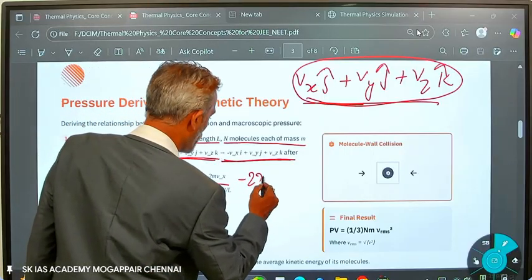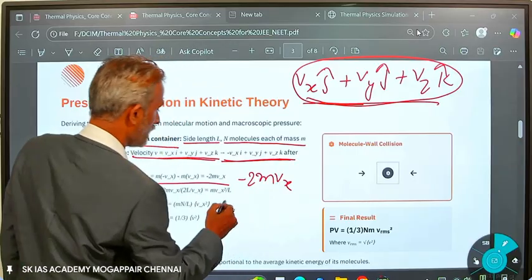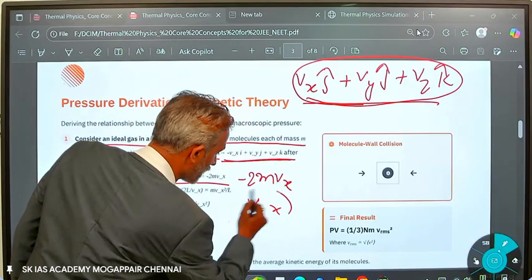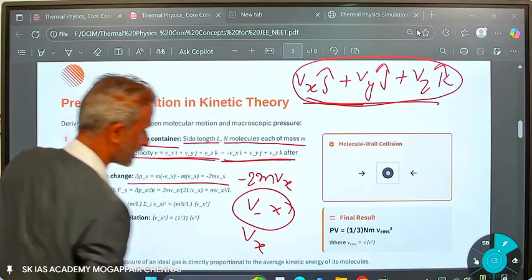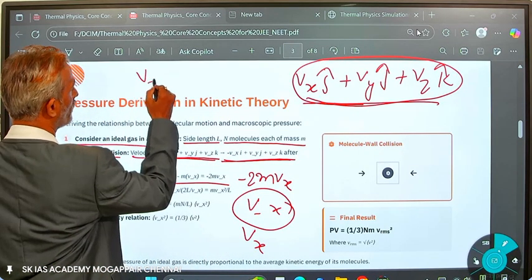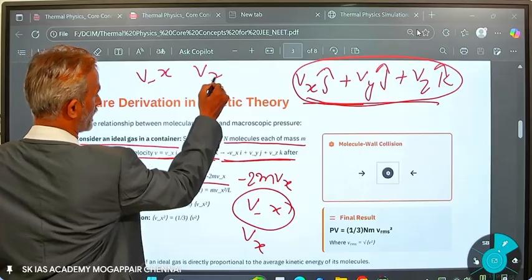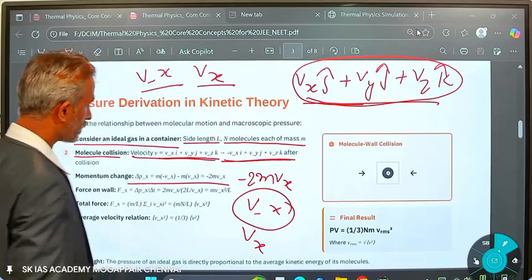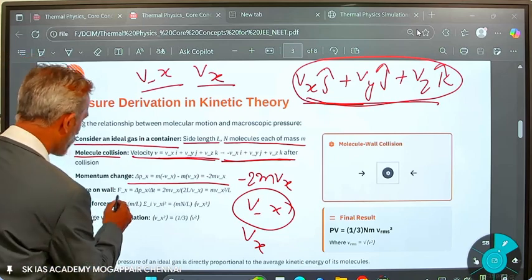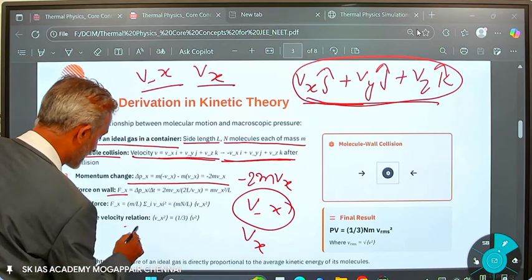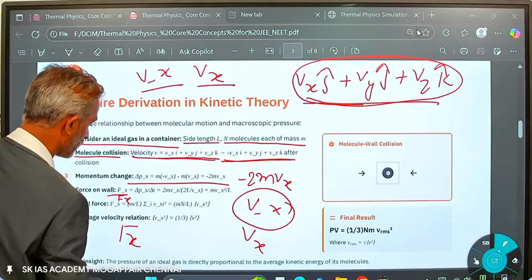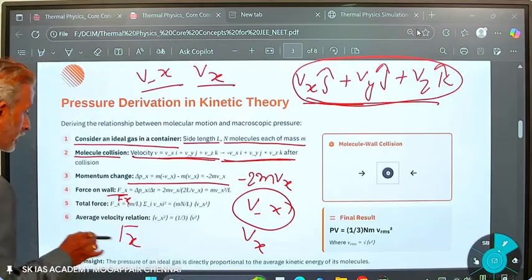Minus 2mvx. Don't get confused. This is not minus; v of minus x means v of x. Don't get confused. Like here, the force on the wall, F minus x. This is Fx. Correct? Fx. Okay? So don't get confused.